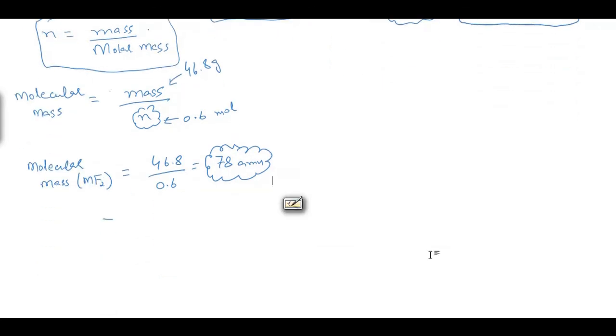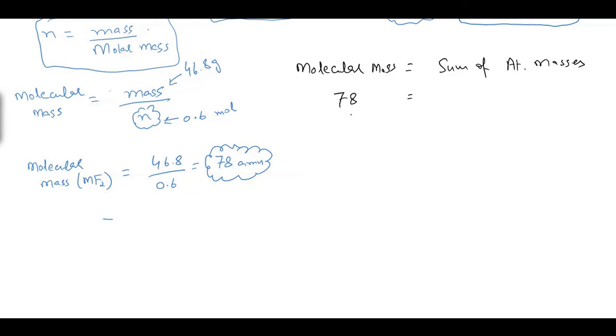So molecular mass is equal to the sum of atomic masses or mass numbers. 78 is the molecular mass of MF2, and we still do not know the mass of metal M that we are determining.